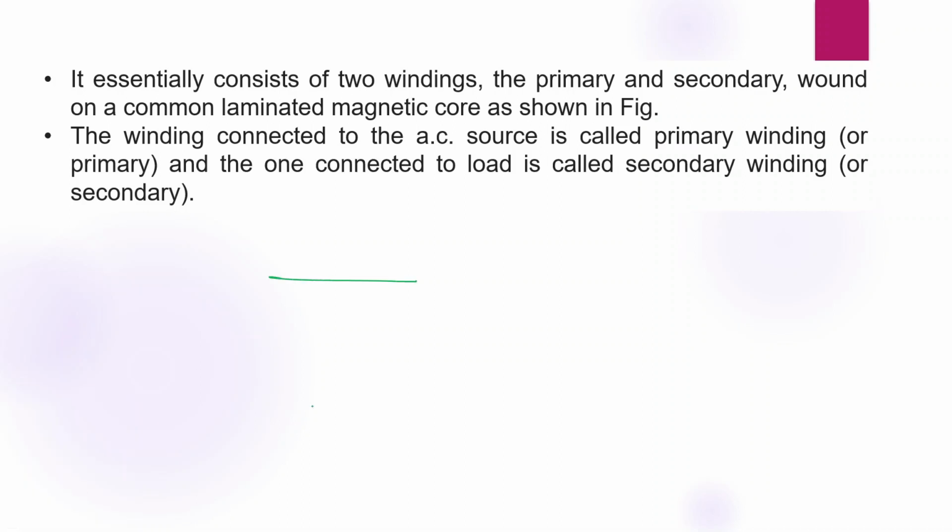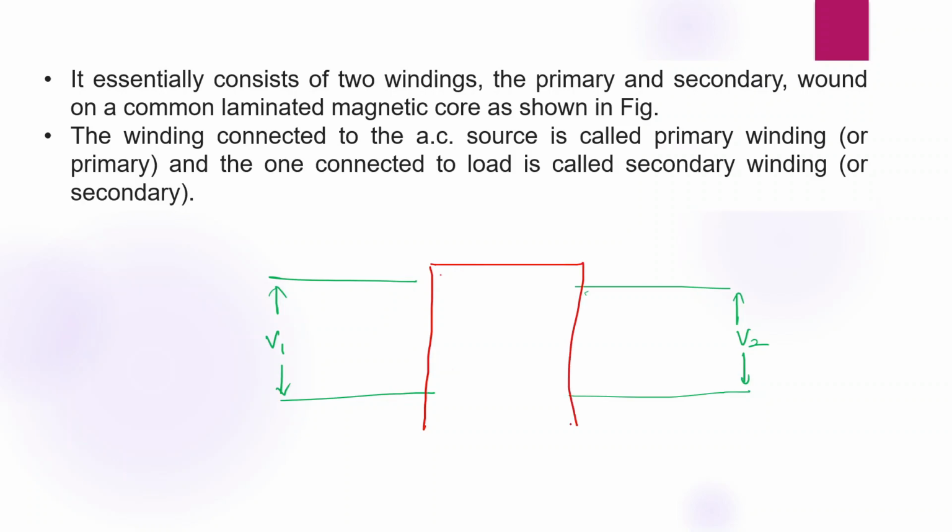Here this is one line and this is another line. We have one voltage here, V1, and we need a different voltage at this point, V2. So how can you convert one voltage to another level? By connecting a transformer in between. So here I'm going to connect a transformer. This is the transformer core.